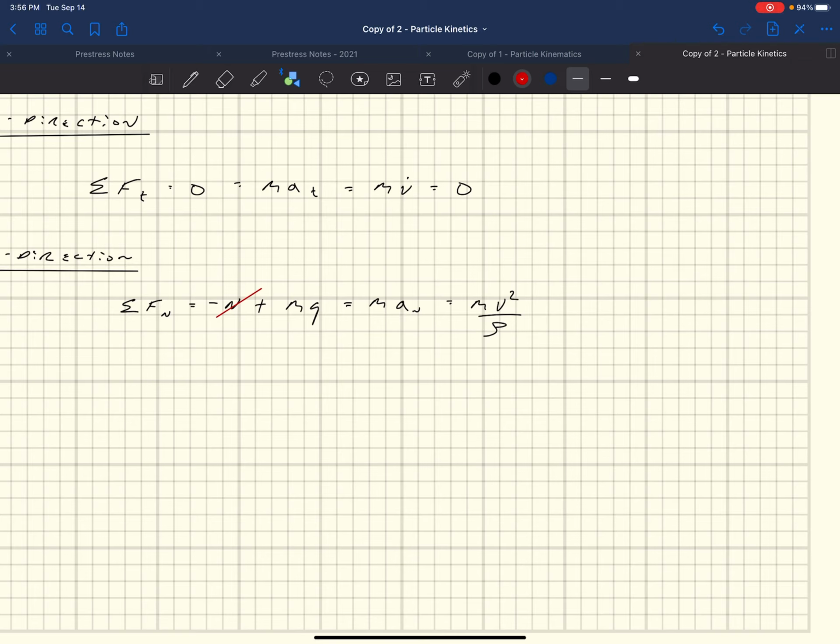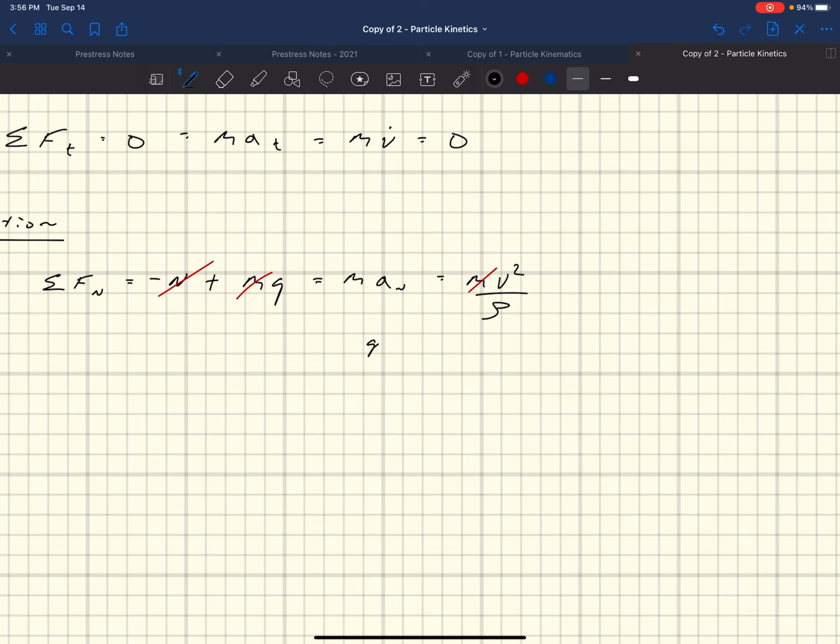And so that eliminates one of the unknowns. The other thing that cancels out here is the mass, right? The mass ends up being on both sides of the equation, and so those two cancel each other out. So it's interesting that the solution is independent of how much the thing weighs, right? And so really what you're left with is this: g is equal to v squared over rho. It's kind of an interesting finding that the mass doesn't play into this solution in any way.